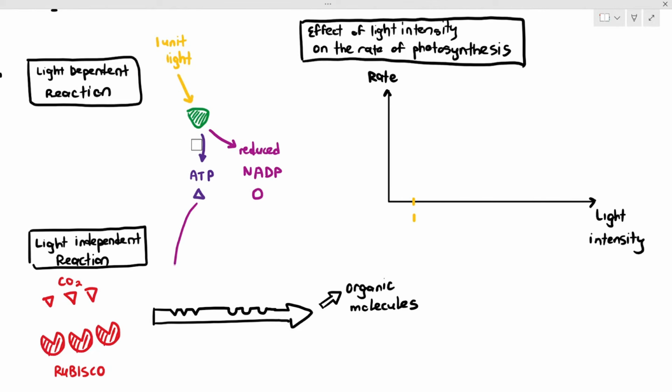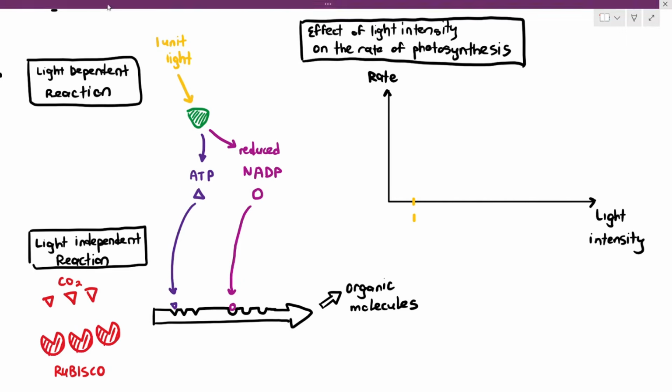That 1 ATP molecule will bind to 1 part of the arrow, and the reduced NADP can bind to 1 part of the arrow. In this case, it only produces 1 organic molecule. Why only 1 organic molecule even though you have 3 carbon dioxide there? Well, you do not have enough ATP and reduced NADP to make the Calvin cycle go as fast as possible. That's as simple as that.